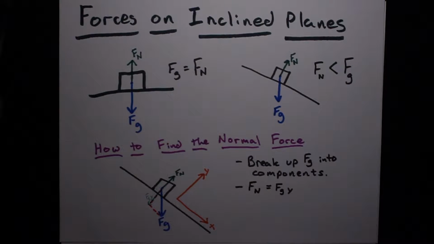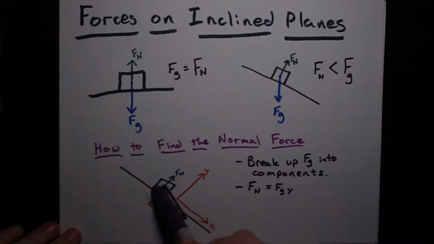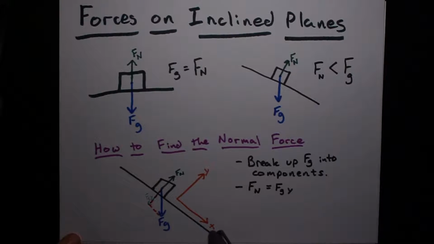And one more thing we need to know in order to solve for the normal force is the angle at which the surface is at. So angle according to the horizontal.